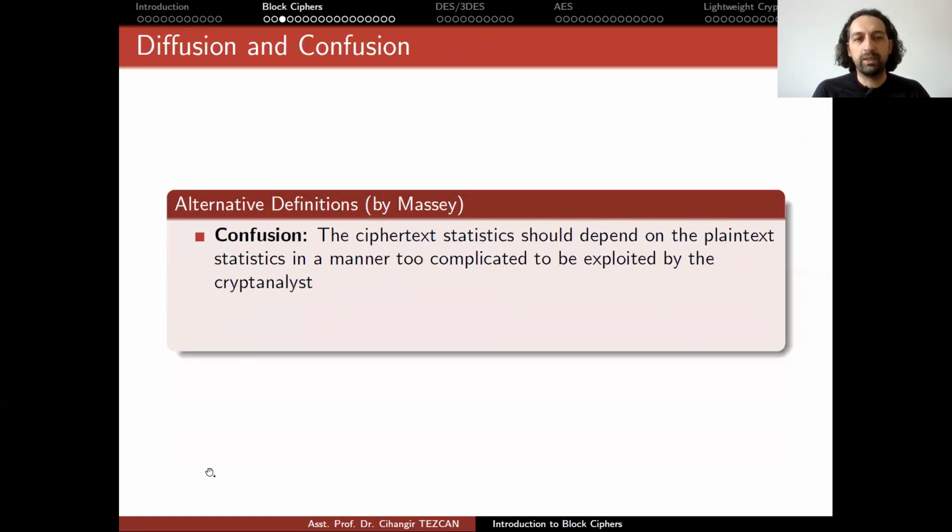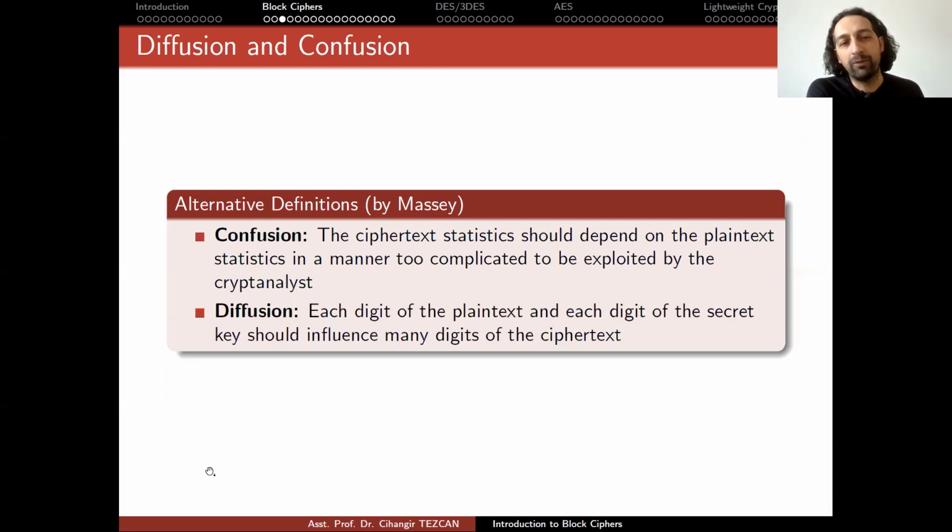So I think Massey gave easier to understand definitions for this. For confusion: the ciphertext statistics should depend on the plaintext statistics in a manner too complicated to be exploited by the cryptanalyst. And for diffusion: each digit of the plaintext and each digit of the secret key should influence many digits of the ciphertext. So these definitions are a little bit easier to understand.